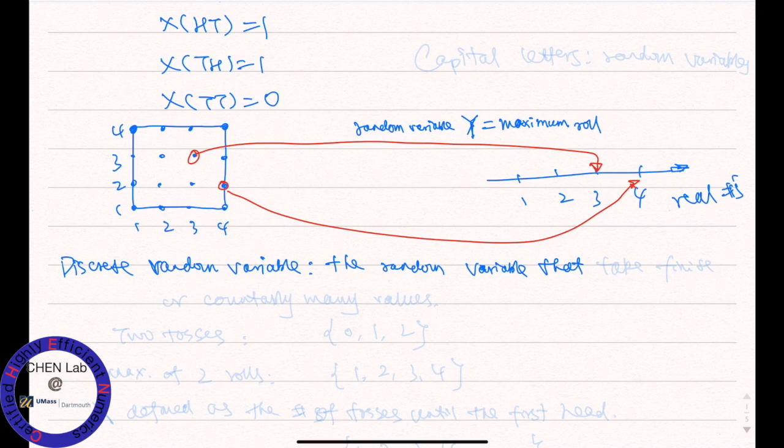Those are the random variables that take finite or countably many values.